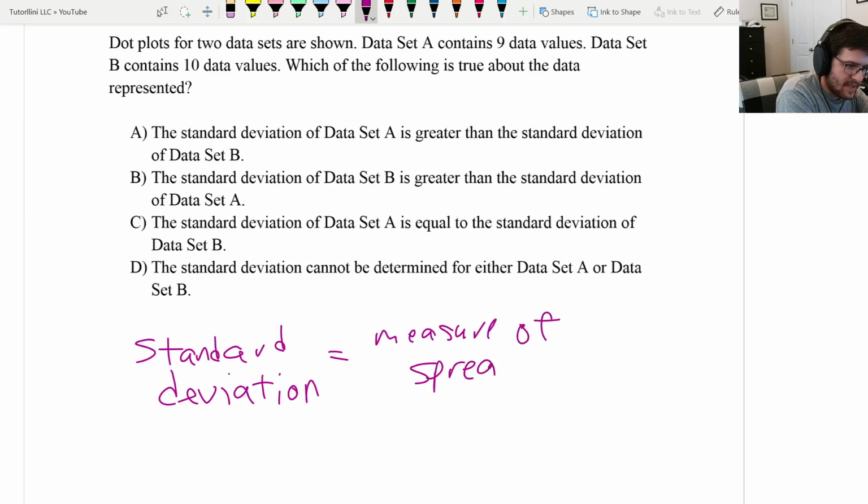In other words, more specifically, it's how spread out the data is from the mean on average. So if it looks more spread out, you don't need to know how to calculate it. If it looks more spread out, it's got a higher standard deviation. If it's really closely packed together, clumped together, then it has a lower standard deviation.